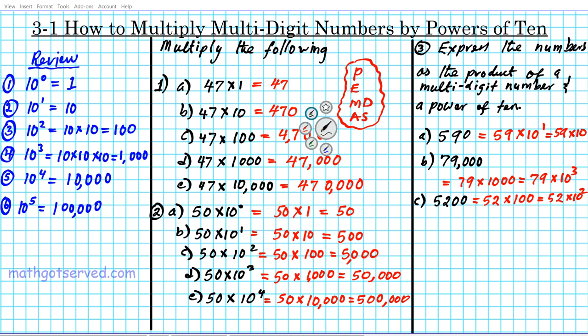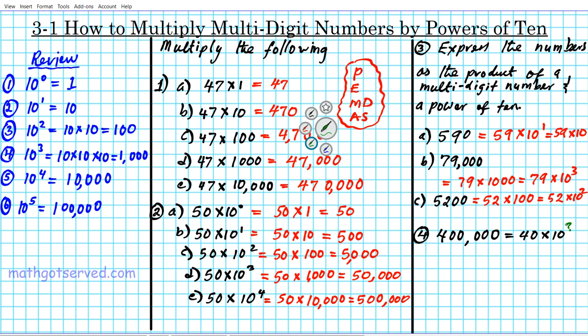Question number 4. Let's say we have an expanded number, and we want to write it as a multi-digit number times the power of 10. Let's say you have 400,000, right? And you want to write 400,000 as 40 times 10 to the what power?